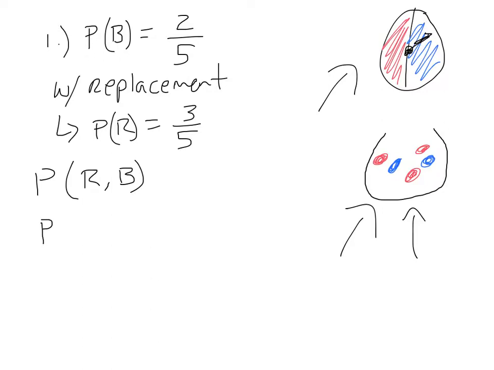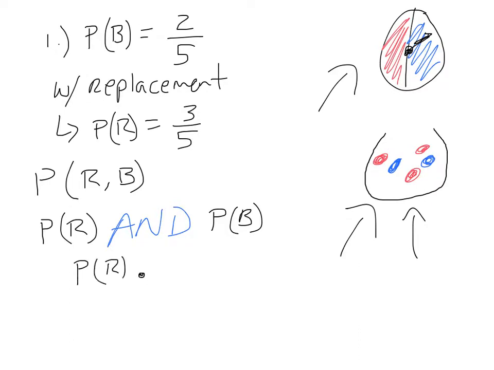What's the probability of getting a red and then getting a blue? Remember, I just said the probability of getting a red and the probability of getting a blue. Well, we just learned if you hear "and," you can multiply the probabilities. The probability of getting a red is 3 out of the 5. Now hold on a second. Is this with replacement or without replacement?